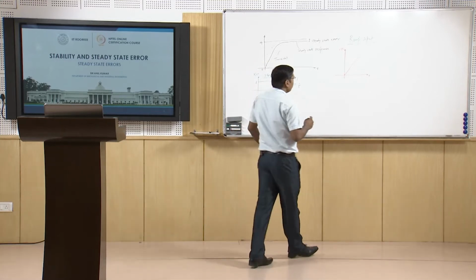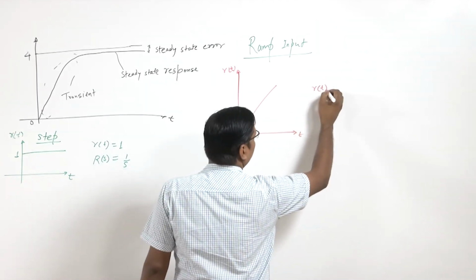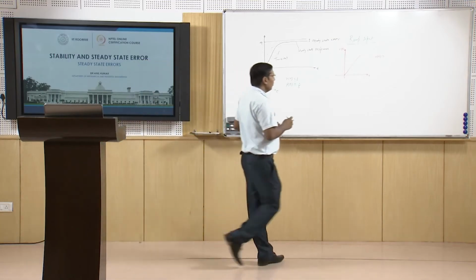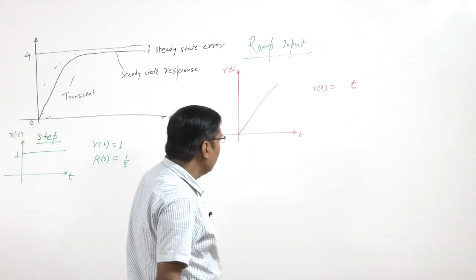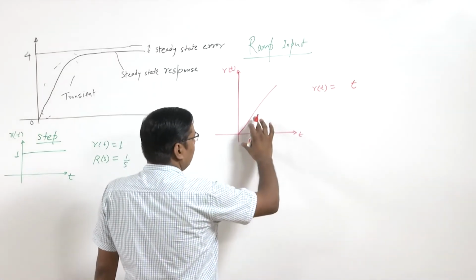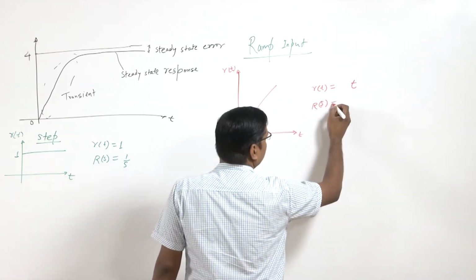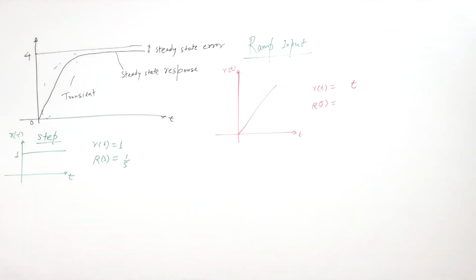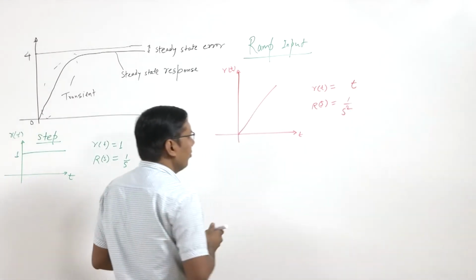So r(t) is a function of time t with some constant. If we take the Laplace transform, R(s) is 1 by s square.